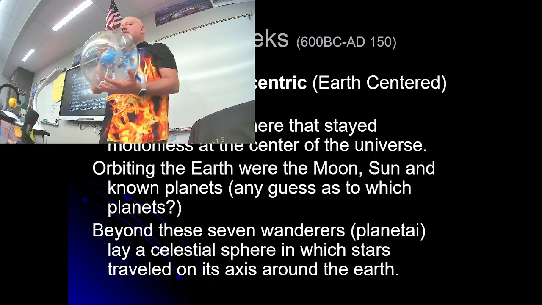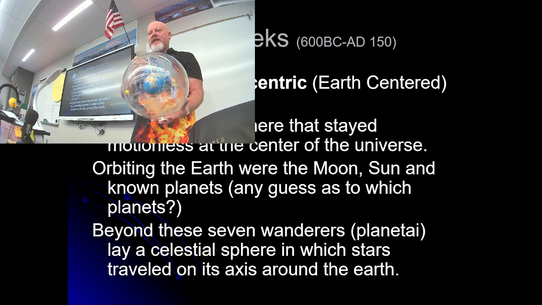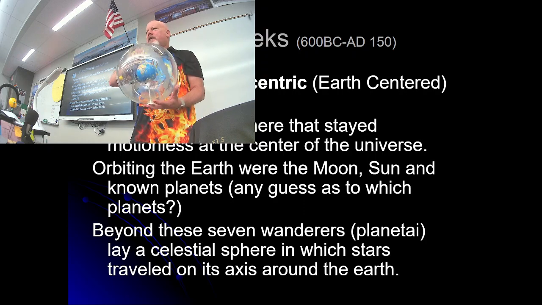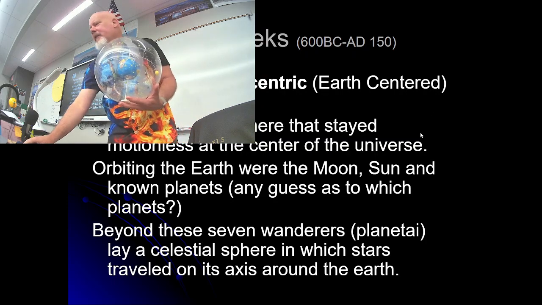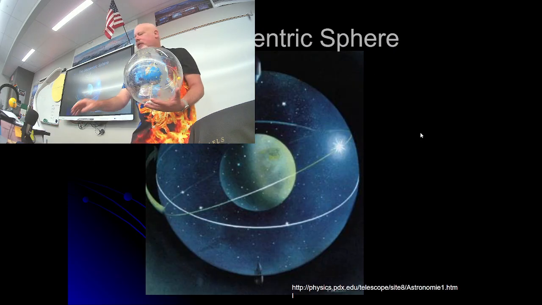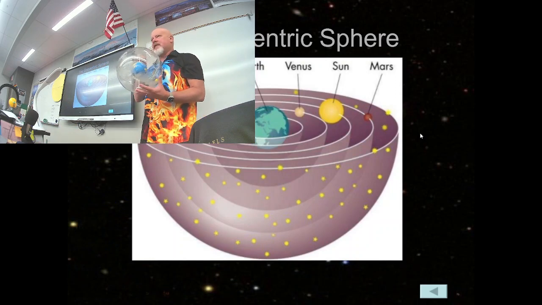We also learned that there were 7 objects that were not attached to the celestial sphere that were moving inside of the celestial sphere, which they called those 7 objects wanderers.